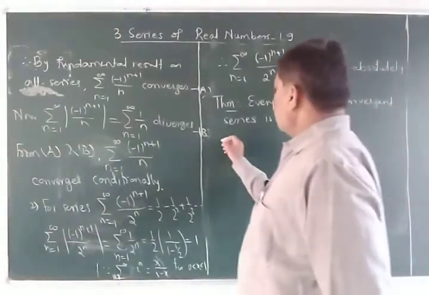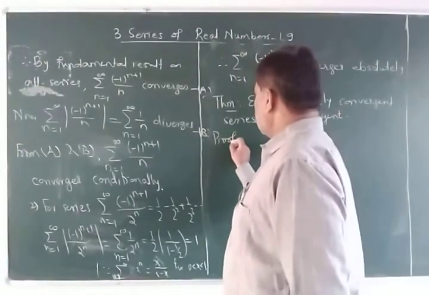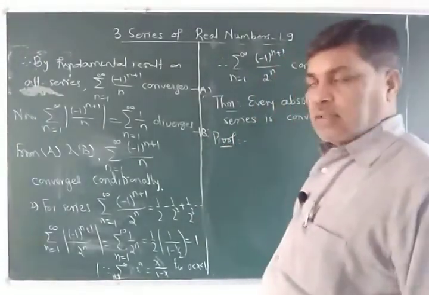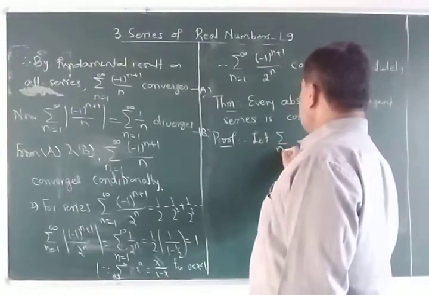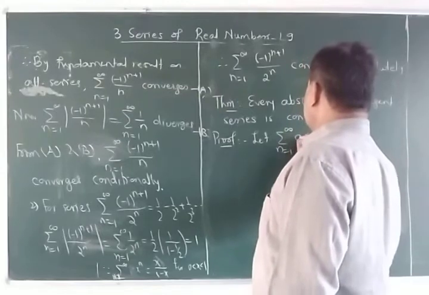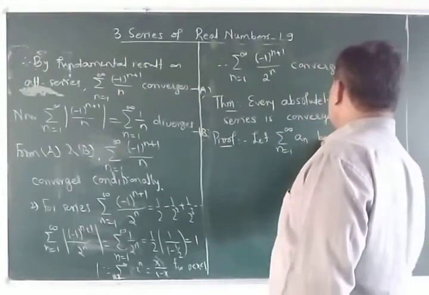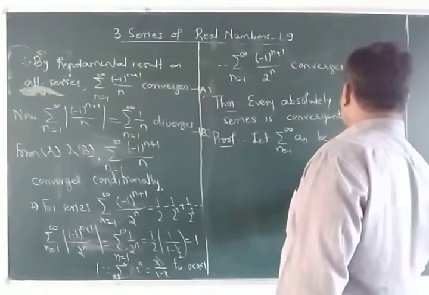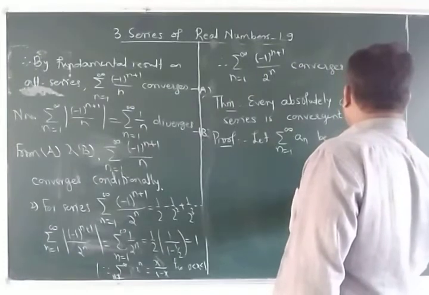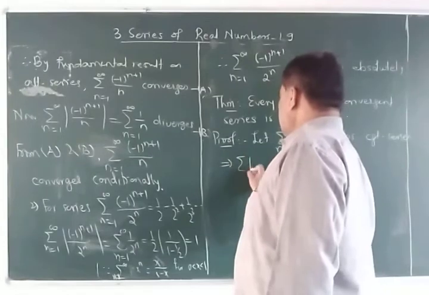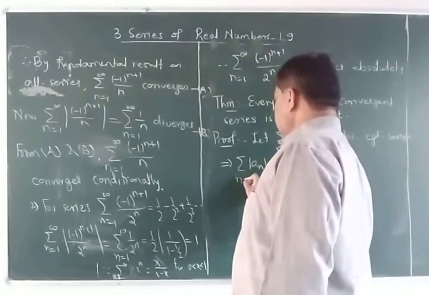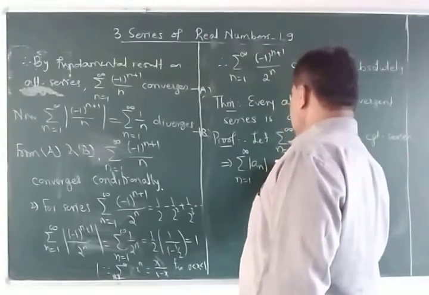So the proof of this: let summation of a_n, n equal to 1 to infinity, be an absolutely convergent series. What this implies is summation of mod a_n, n equal to 1 to infinity, is convergent.